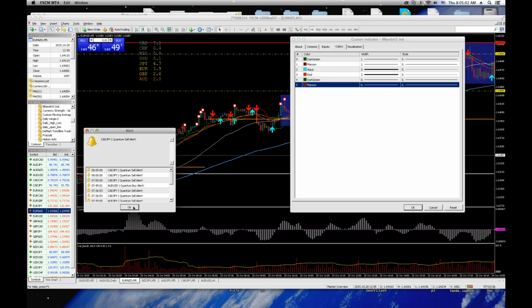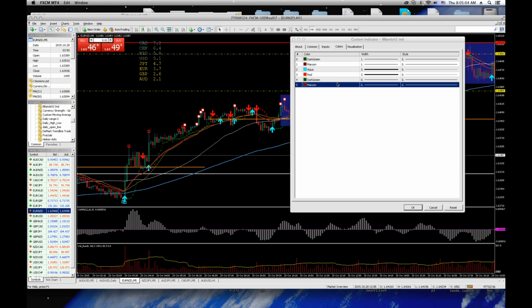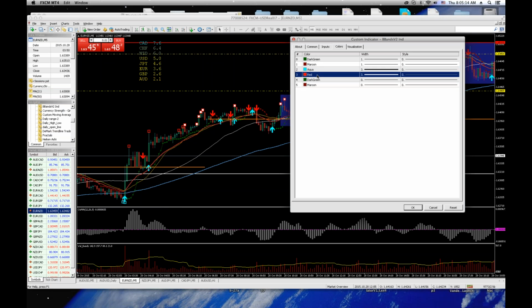Anyways, with Michael's help, because I don't know anything about coding, but it was really simple once we opened it up, and I just changed this. This is the arrows, the aqua and the red. Oh, you changed it to a larger size. Yeah, 3. That's the default setting on it now. And I changed the following dots and lines to a darker green and a darker red.